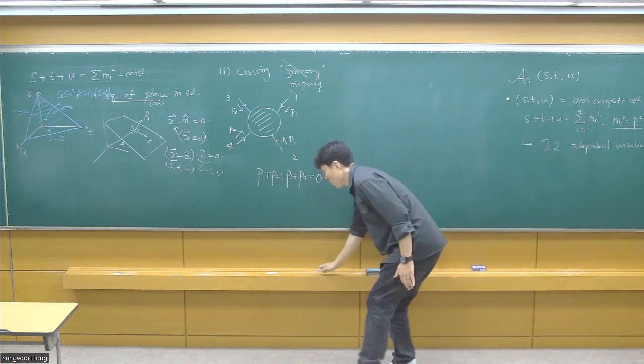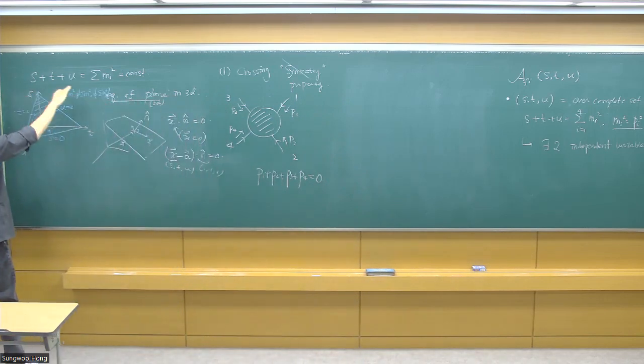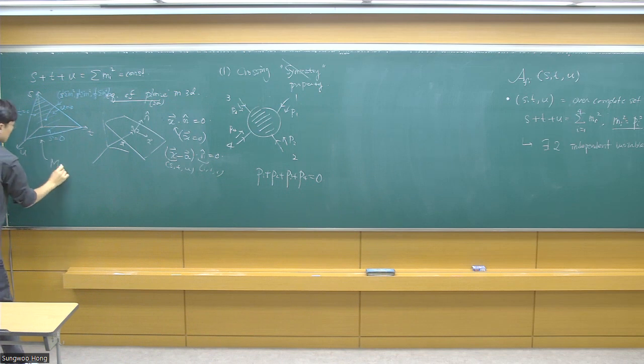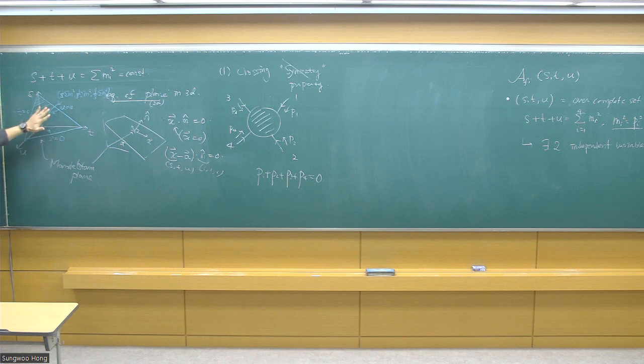Therefore, this plane that incorporates the constraint equation is called the Mandelstam plane. And the point is that the amplitude is a function that lives on this plane.